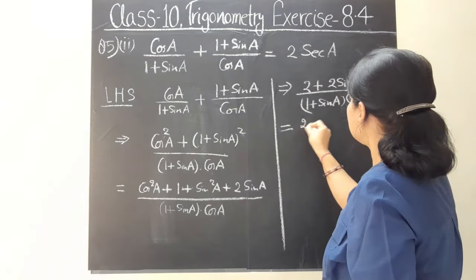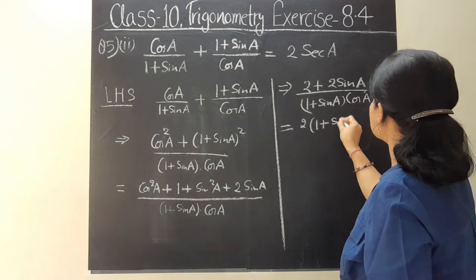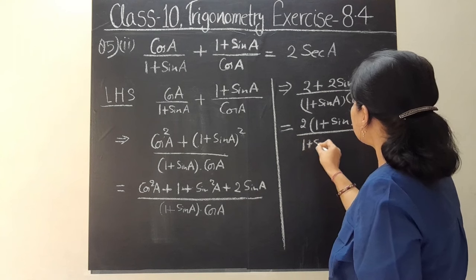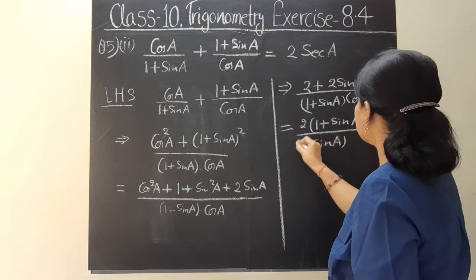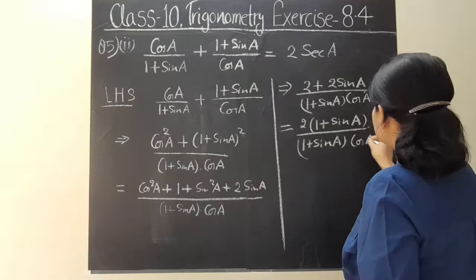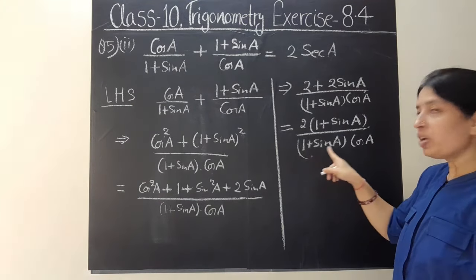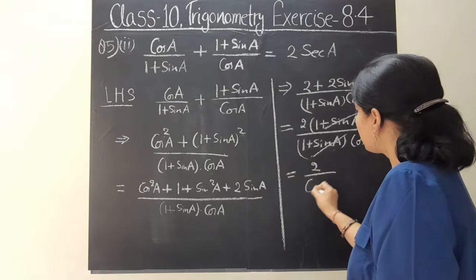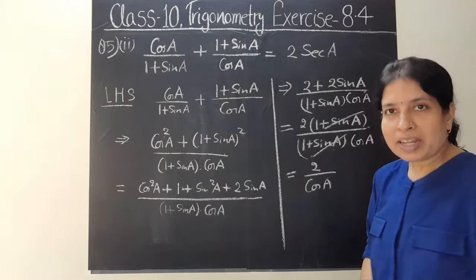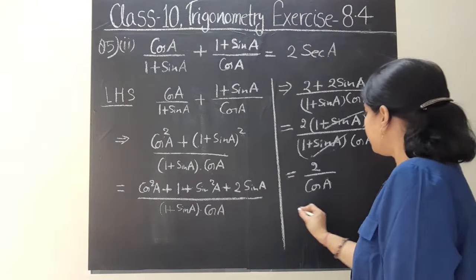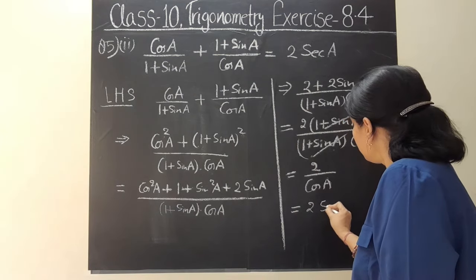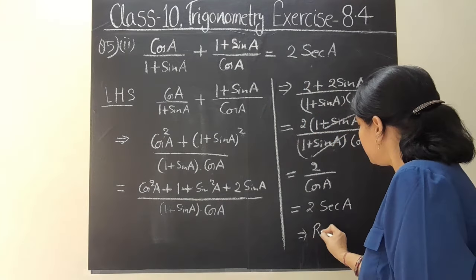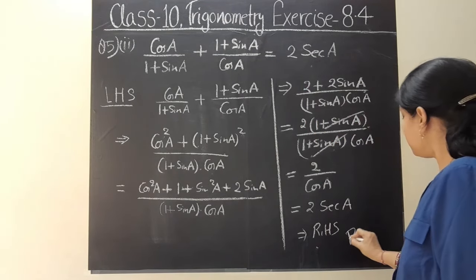So take 2, it will come 1 plus sin A, divided by 1 plus sin A into cos A. Here above also 1 plus sin A, below also 1 plus sin A. So cut this. So you will get here 2 by cos A, and 1 by cos A is equal to sec A. So we can write 2 sec A. This one is your RHS. It is proved.